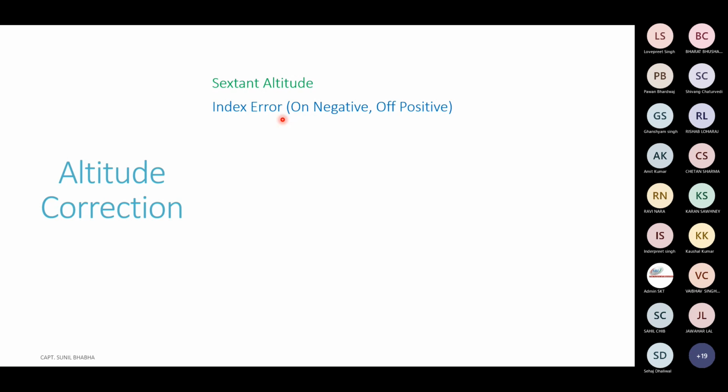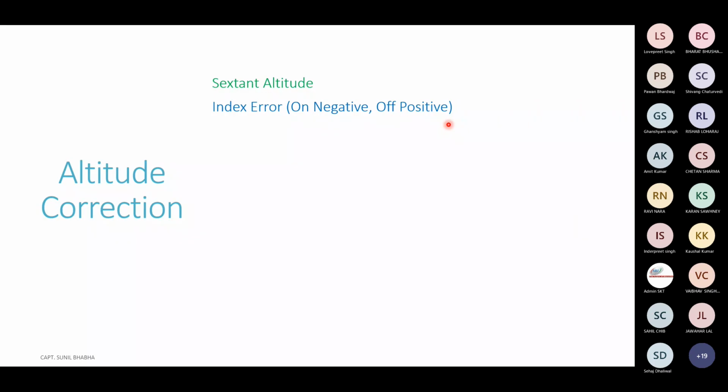Now, if it is mentioned to be on the arc, the index error should be negative. So you can see here in the explanation, if the index error is on, that means the correction is negative. And if the index error is off the arc, that means the correction is positive.